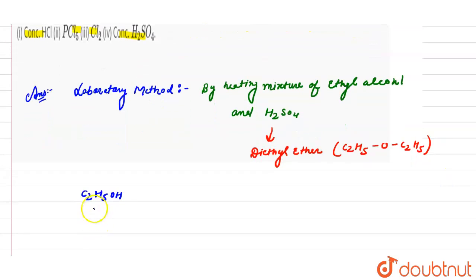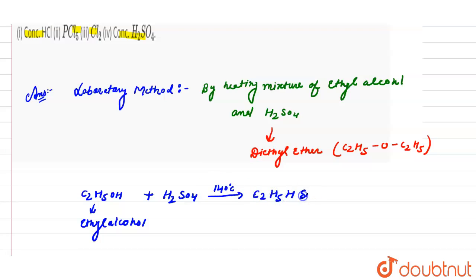When this reacts with H2SO4, that is sulfuric acid, at 140 degrees Celsius, we get C2H5HSO4, plus water will be released.